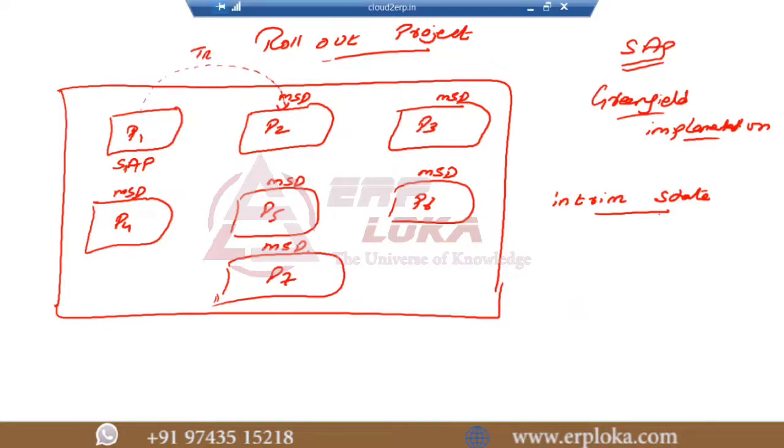So you are doing configuration only once, and everything else you transfer using the TR. Then you transfer to the next plant, and it also starts using SAP. Then you transfer to another plant, and it also uses SAP. So implementing SAP plant by plant is called a rollout. The name itself tells you that you are rolling the configuration from one plant to the other plant.